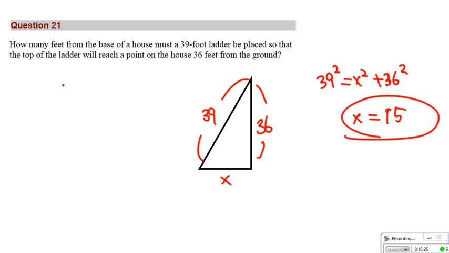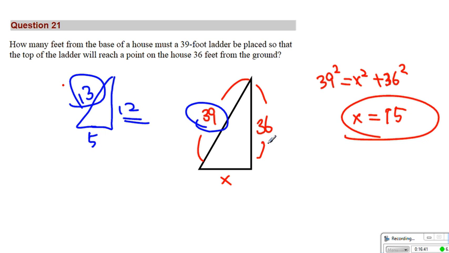Now, how else can you think about this one? There's another ratio. Let's go 5, 12, 13 triangle. You see each side of these two has to be tripled. Therefore, 5 also has to be tripled. That means x equals 15. One way or the other, we got the answer.